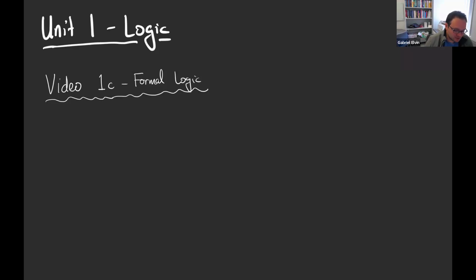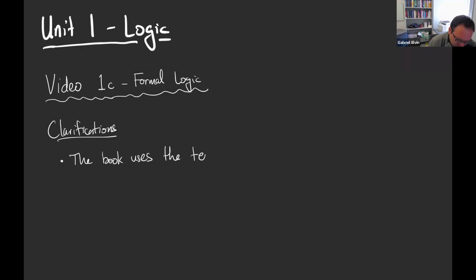Now some clarifications about notation among different sources. The book uses a certain notation, I use a certain notation, and other sources use a certain notation, so I want to clarify some of that. Number one, the book uses the term statement, while most other sources use the term proposition.